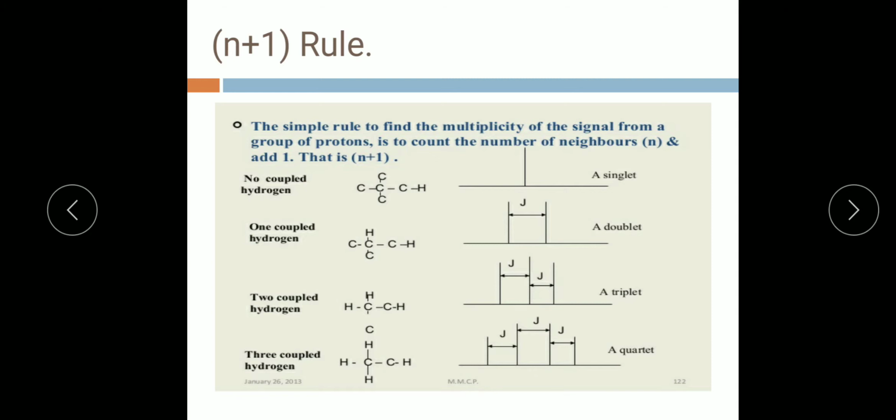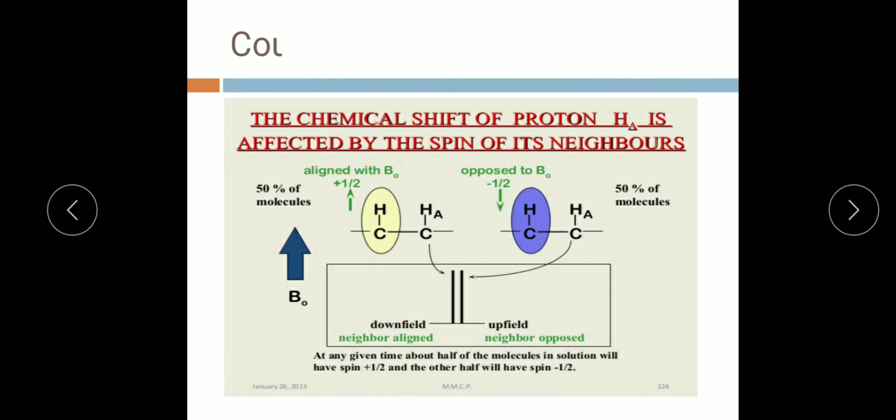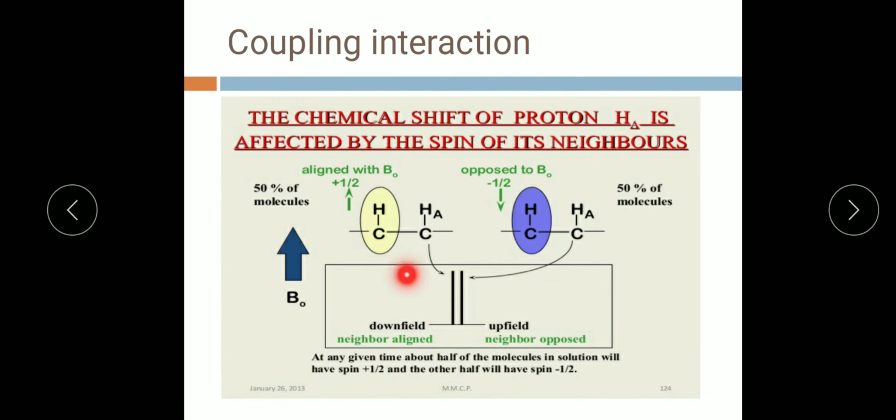And if we see the mechanism and interaction, how this coupling interaction takes place, this yellow colored carbon is having a proton. Now this proton is having the spin plus half. When a plus half spin nucleus couples with the adjacent proton, you will get a signal in the downfield region.